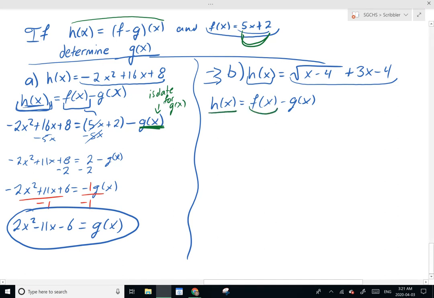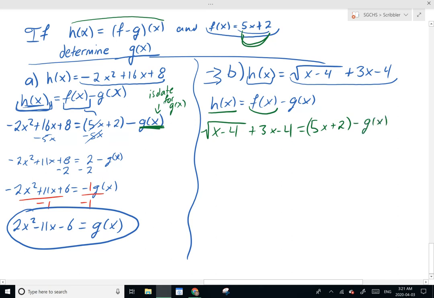I'm going to substitute h of x for its equation. So the root of x minus 4 plus 3x minus 4, that equals f of x. Well, I'm going to substitute f of x for its equation. I'm going to bracket it just to make sure I know that's f of x. And I'm going to subtract g of x.